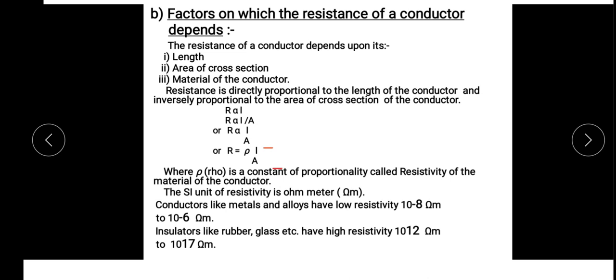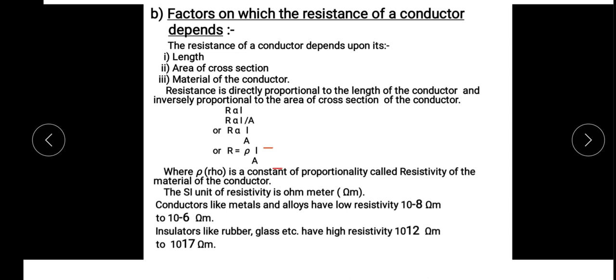So, look at the slide. First point, the resistance of a conductor depends on its length, area of cross-section, and the third one is the material of the conductor. The third point is that the resistance of a conductor depends on the nature of the material.